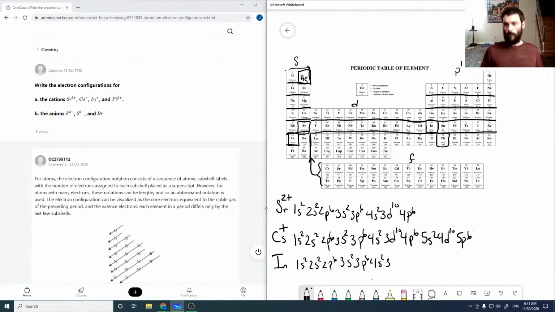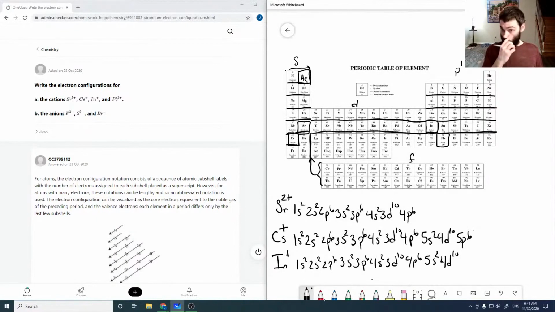So all the way up to here, 5s2, 4d10, 5p1. So we want indium plus, so we just remove one of the outer electrons, and there we go.